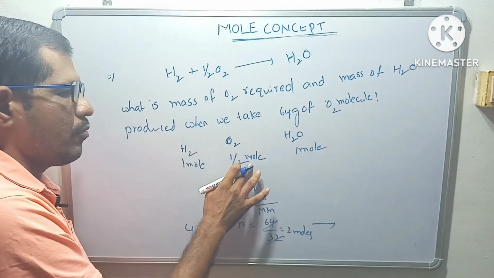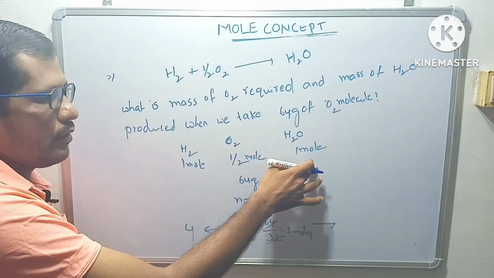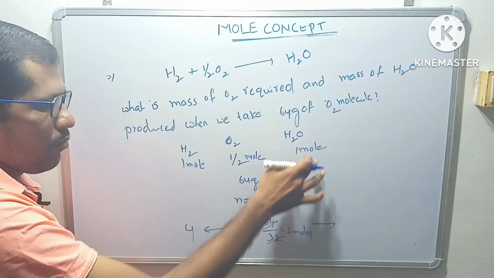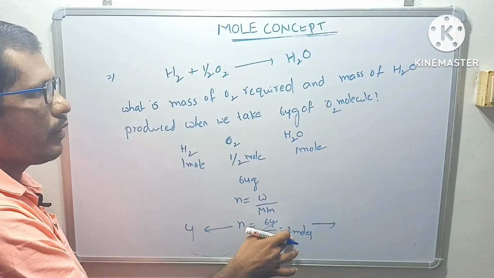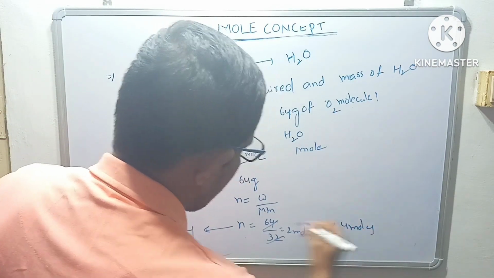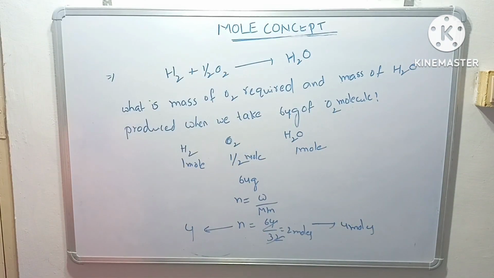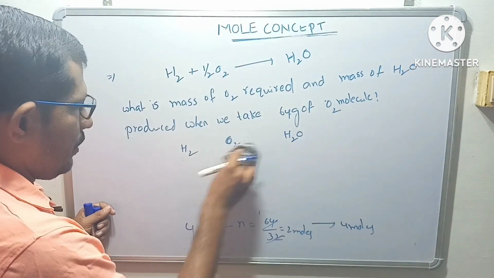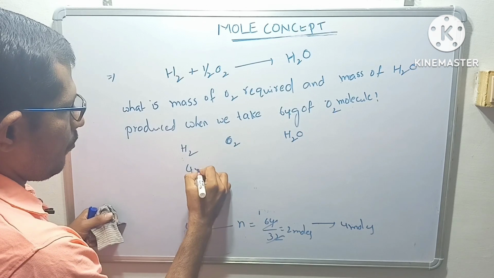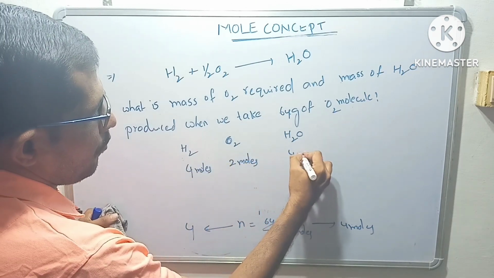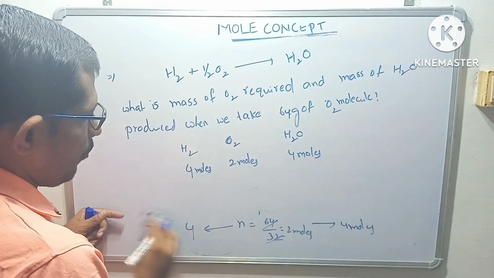Similarly, for half mole, 1 mole of H2O is produced, so here also it is doubled. For 2 moles, it will give 4 moles of water molecule. So here 4 moles, 2 moles, and 4 moles, right?